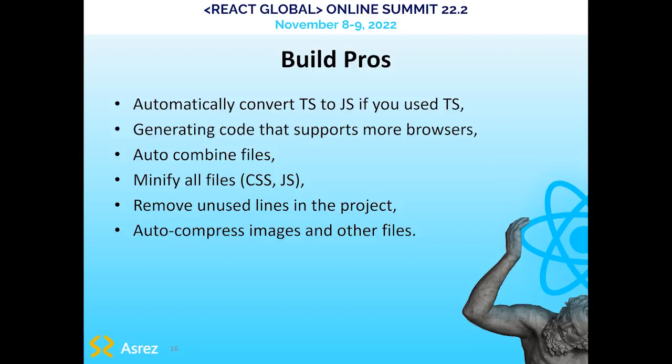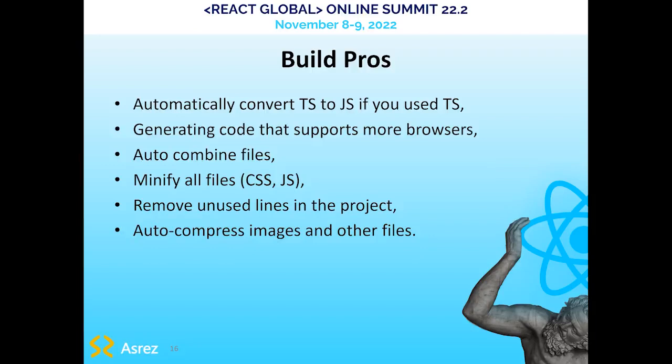And the next feature is that the build system can minify all of the files. It will remove all of the white space in your code. So it will be much better, compressed, and smaller in size for production.